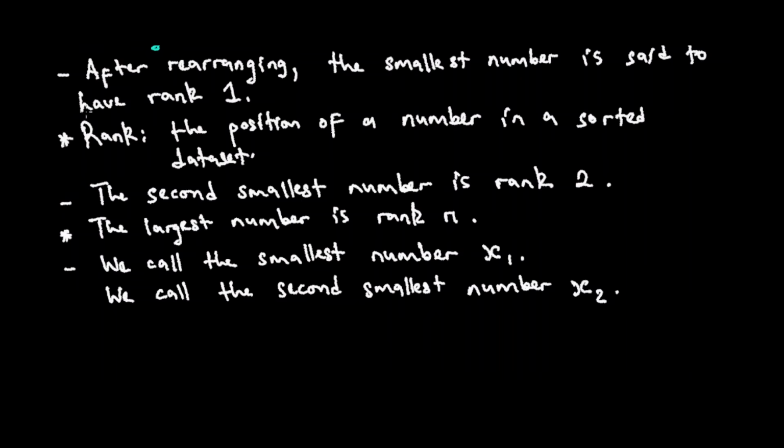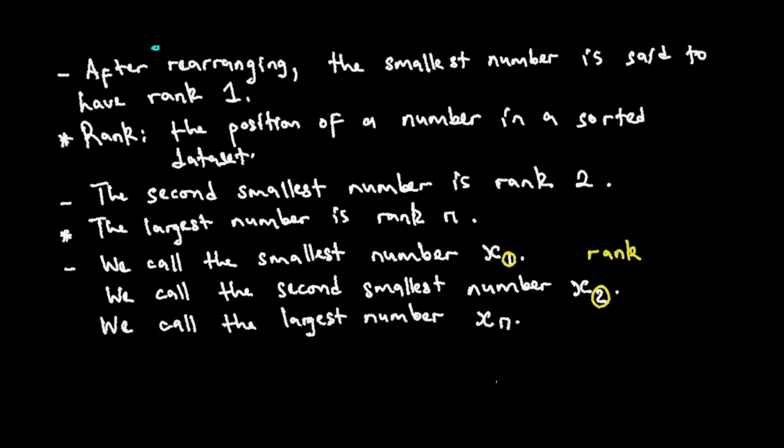So you can see that the subscripts 1 and 2 here represent the rank. That is what I want you to see. So because of that, it should be easier: the largest number, what do we call the largest number? xn, like this.